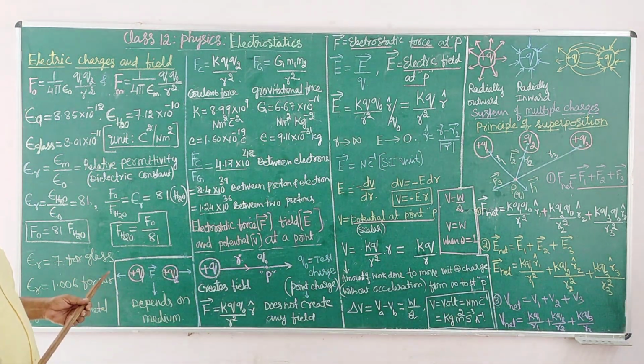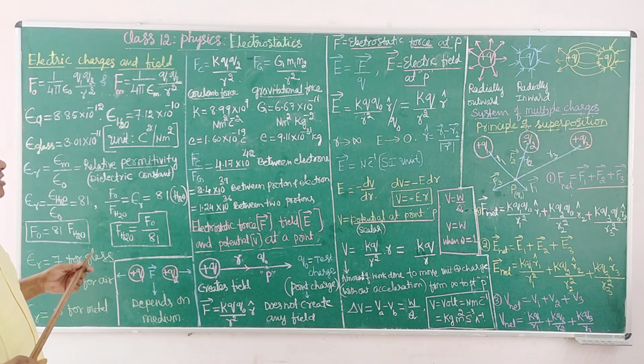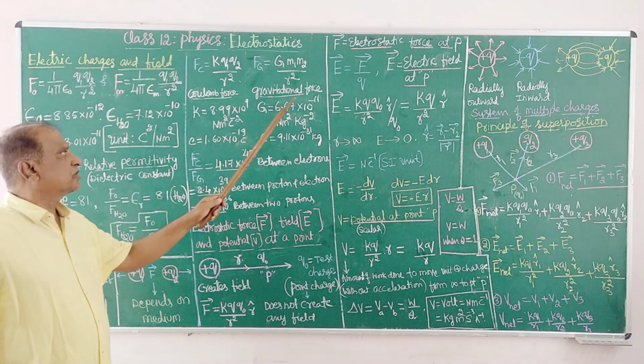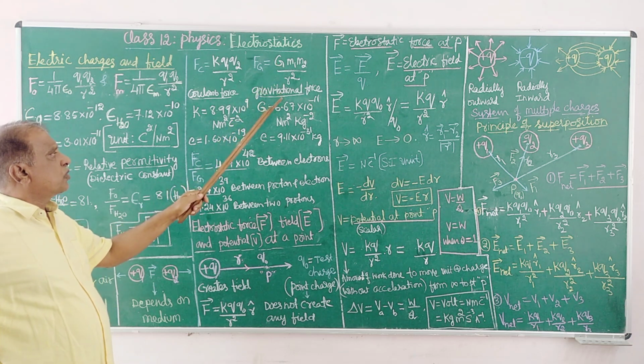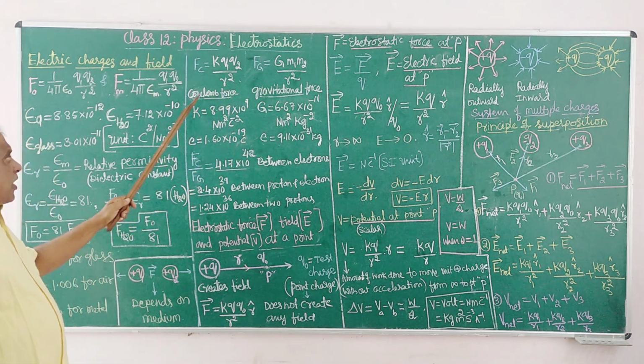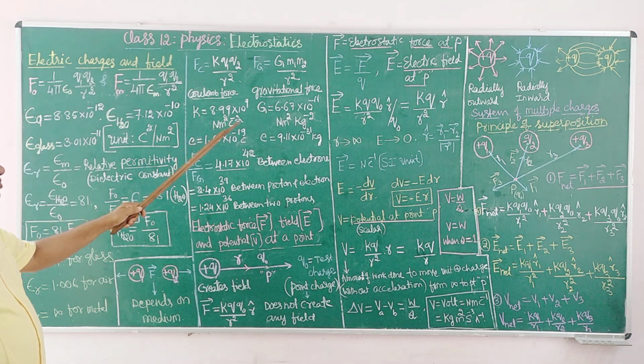However small, every charge has some amount of mass. That mass produces a force called gravitational force. The value of the gravitational constant in SI units is this, and the value of the Coulomb's force constant in SI units is this.